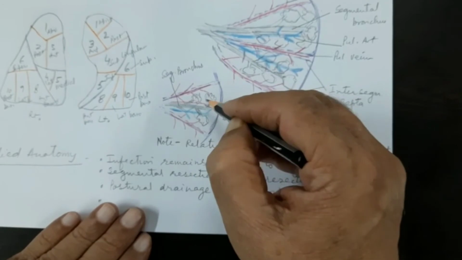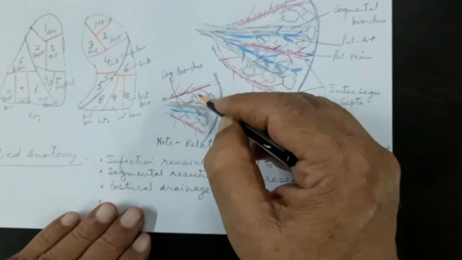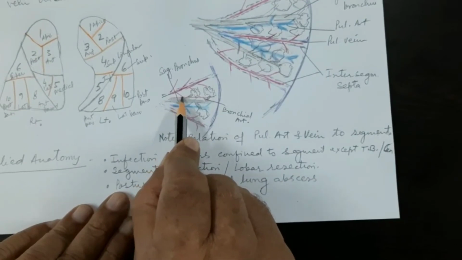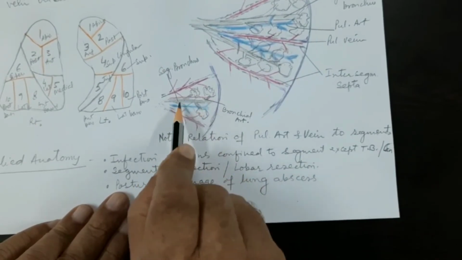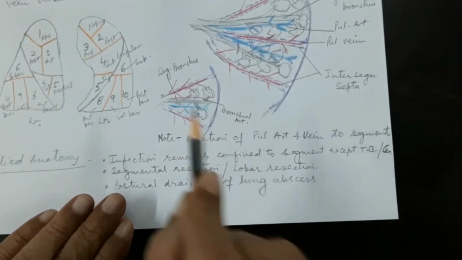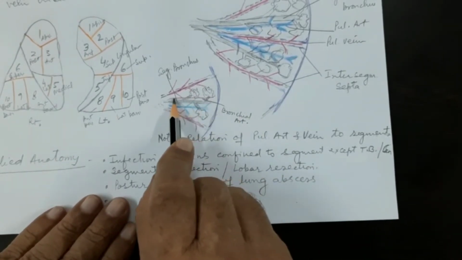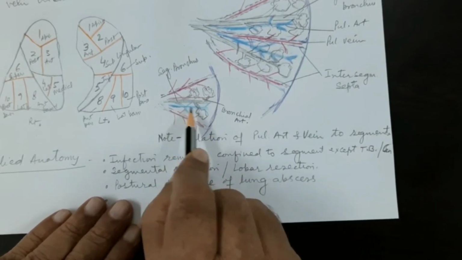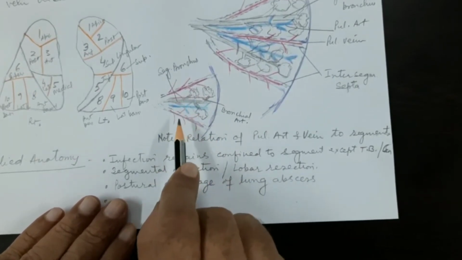So this will go and put the air into the alveoli. Now this bronchus is accompanied by this red line, which is a bronchial artery, not the pulmonary. This will bring the oxygenated blood, that's why it is in red, and will supply the bronchial tree and surrounding area.